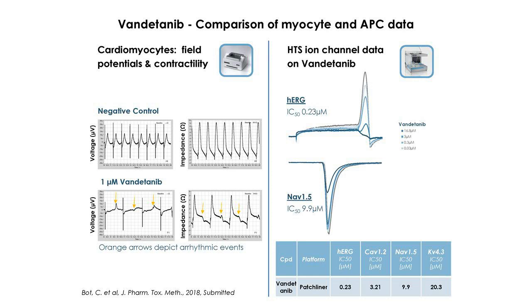And looking at the vandetanib data that were generated on a patch liner system, we found that for hERG we did get an IC50 of vandetanib of around 0.23 micromolar. For sodium 1.5, the IC50 was around 9.9. And then we get more IC50s for calcium, like 3.2, and Kv4.3 around 20 micromolar.